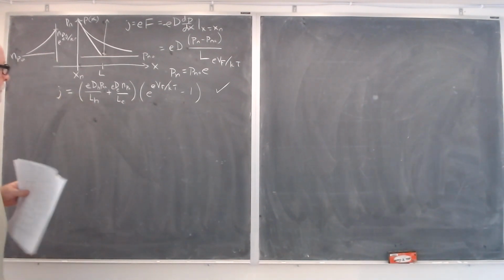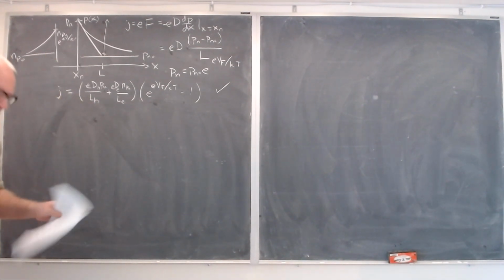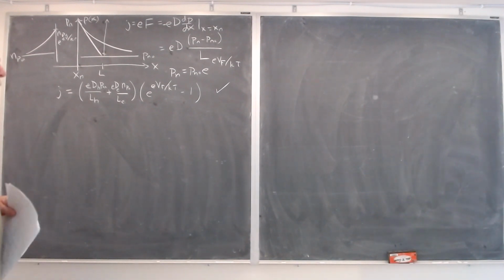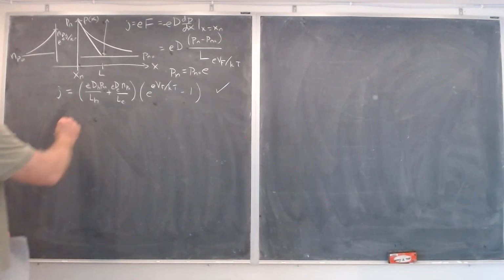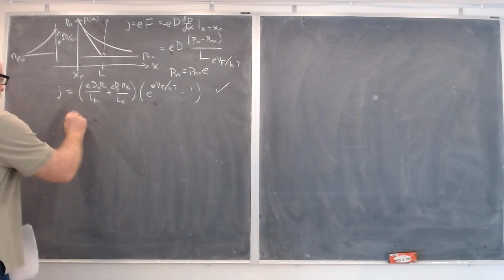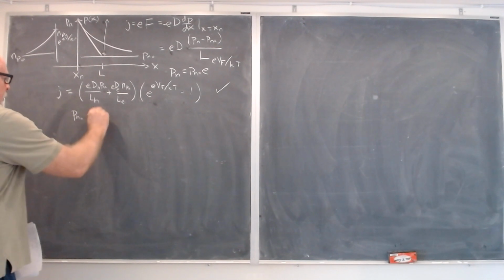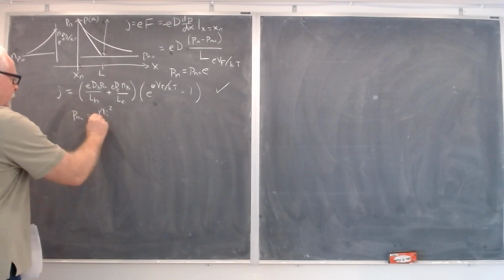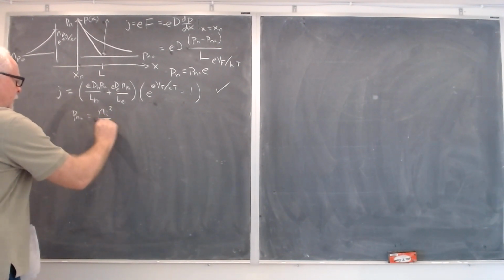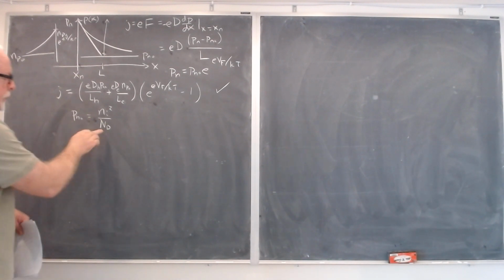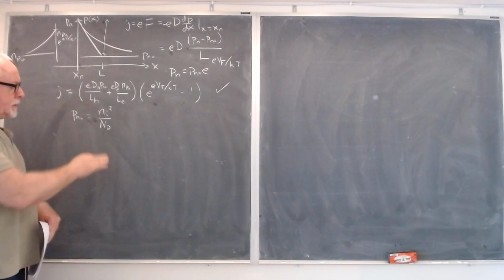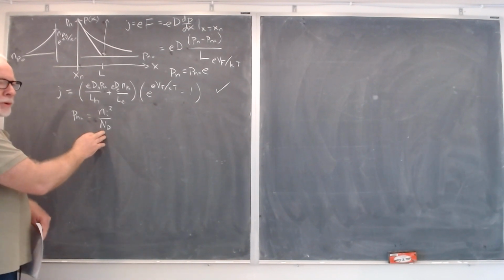You can just reason it out and come up with the equation. Now we're just going to perform a little bit of manipulation to reveal a few things, and to do that we're going to substitute in for Pn0, which of course is Ni squared over Nd. That's an approximation, because we're approximating that on the n side, n is approximately equal to the donor density.